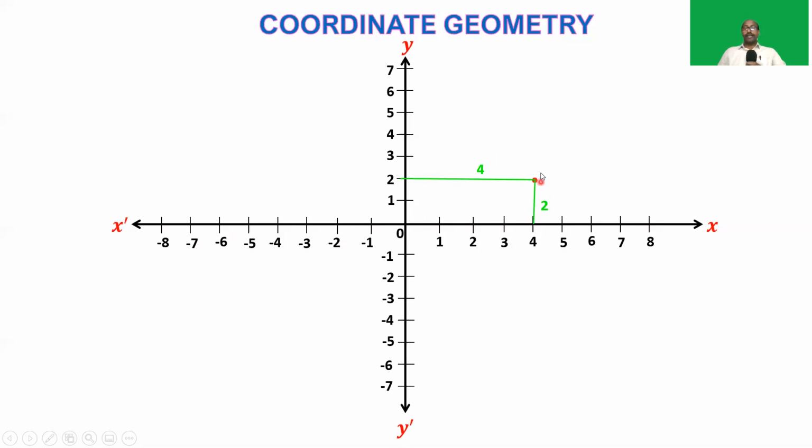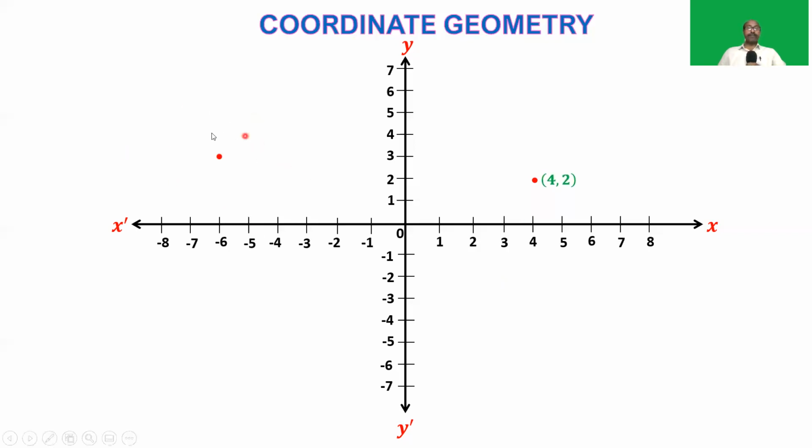So the distances from the point to coordinate axes are 4 and 2. So the position of this point, that is the address of this point, is (4, 2). Okay. So by dividing the plane into parts with coordinate axes, we can determine the position of any point like this.